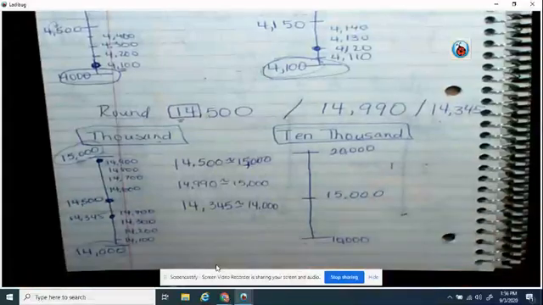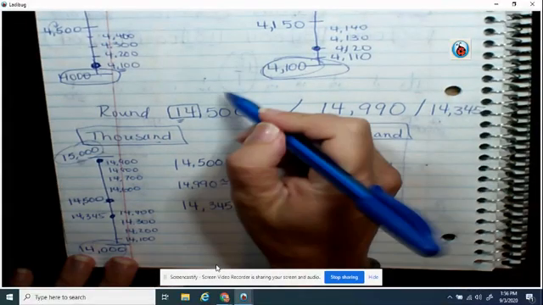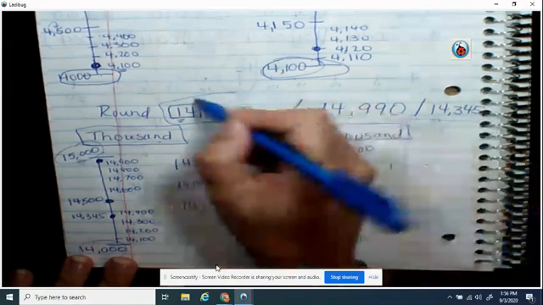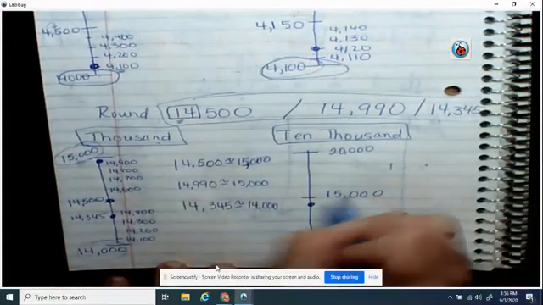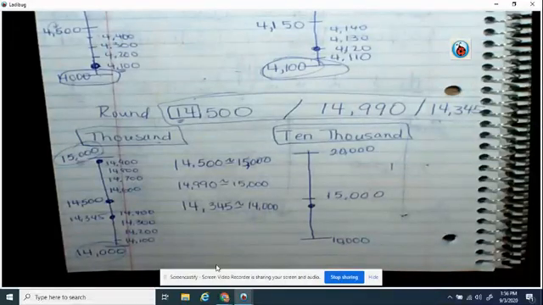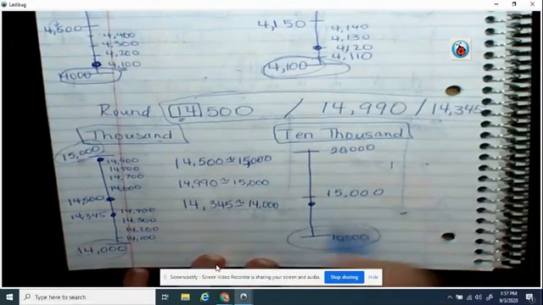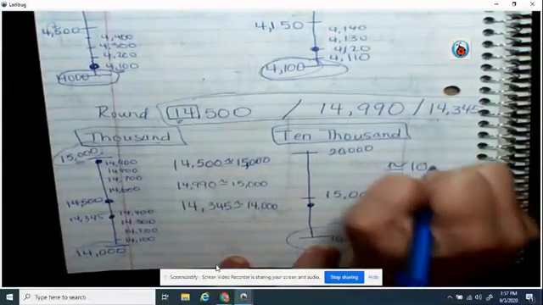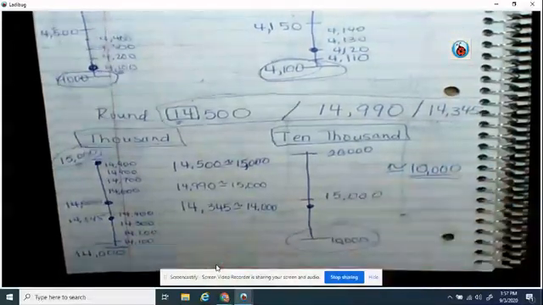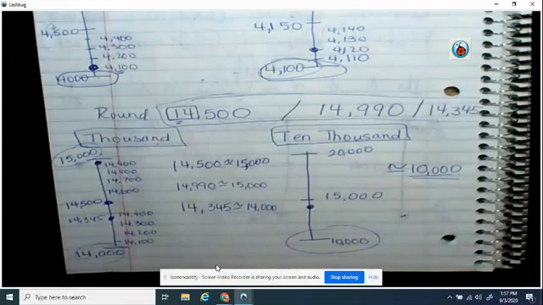That would be our midpoint. So for all of these numbers that are 14,000, they're going to be somewhere right below 15,000. And so if we rounded them to the nearest 10,000, all of those numbers would round down to 10,000. So we have to pay attention to which place value we're rounding to.